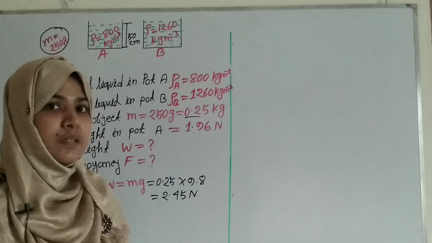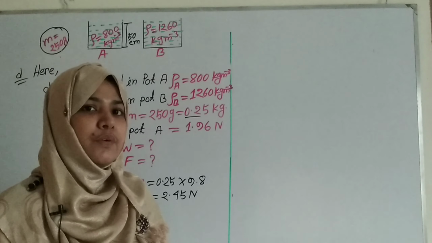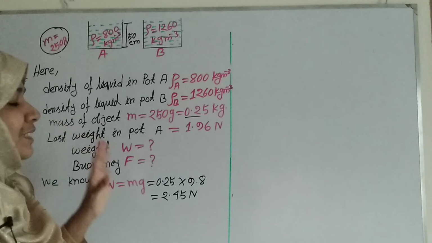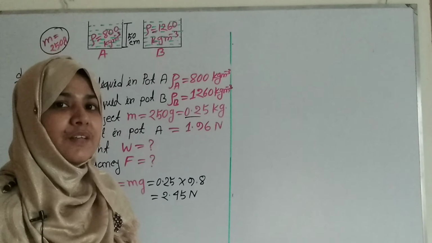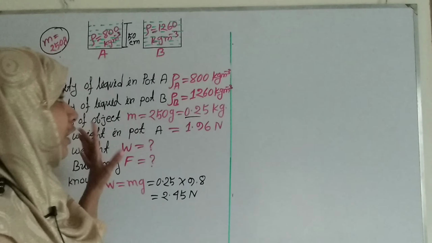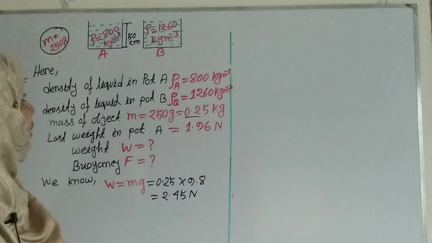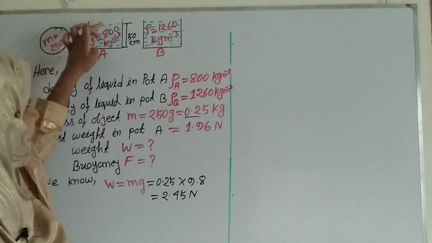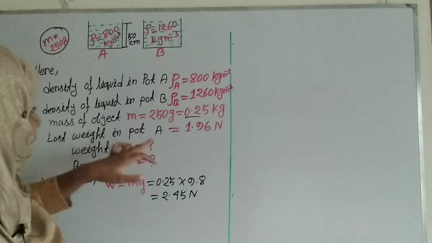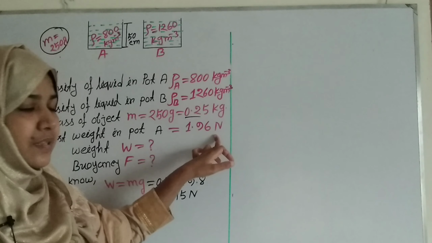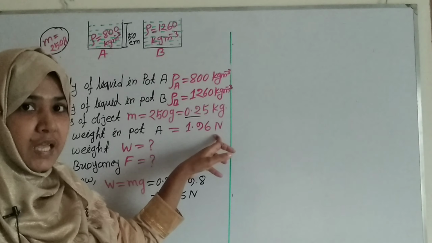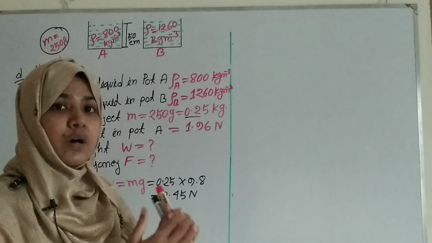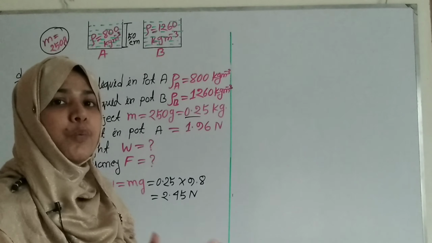Now we have to calculate the buoyancy force. To identify buoyancy we need to know the volume of the object, but there is no information given to identify the volume. But one thing is given: when that object is put in liquid A, it loses weight of 1.96 Newton, and from the definition of buoyancy we know that the lost weight equals the buoyancy.